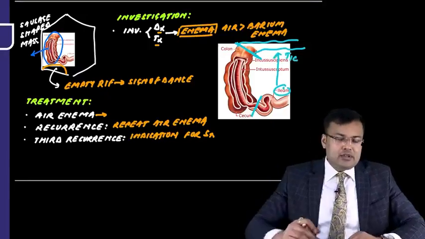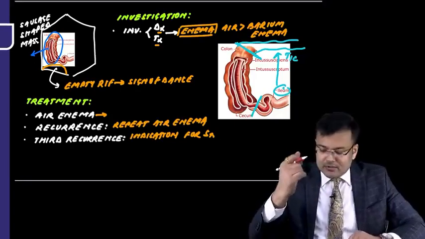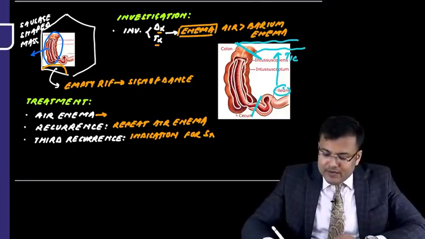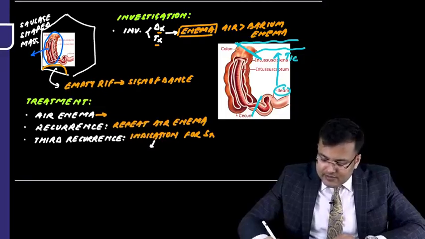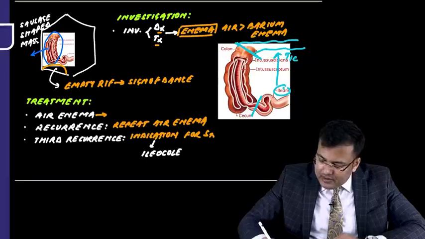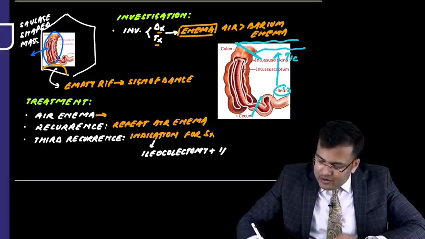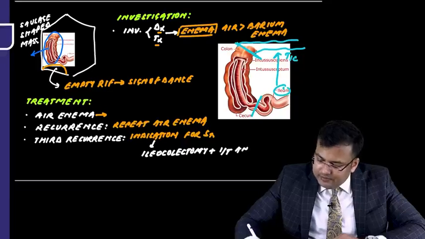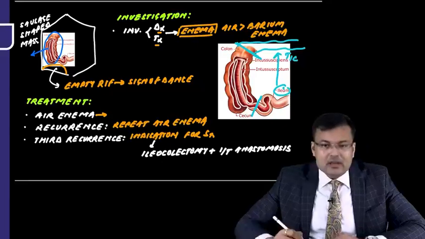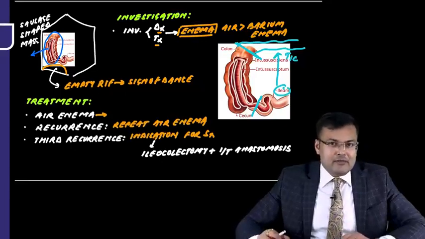So this kind of anastomosis is ileotransverse anastomosis. So the surgery we perform is ileocolectomy plus ileotransverse anastomosis.